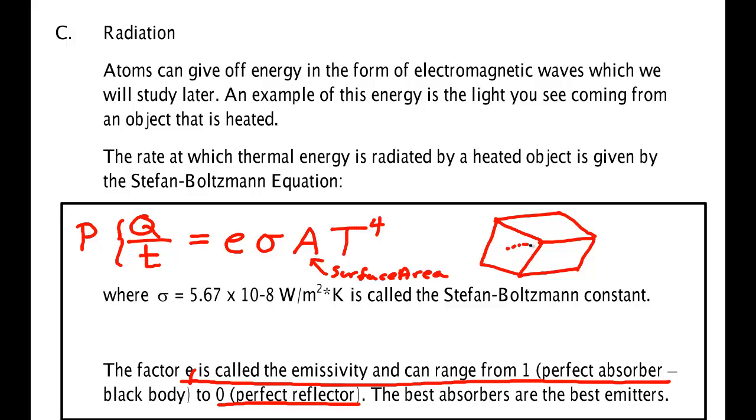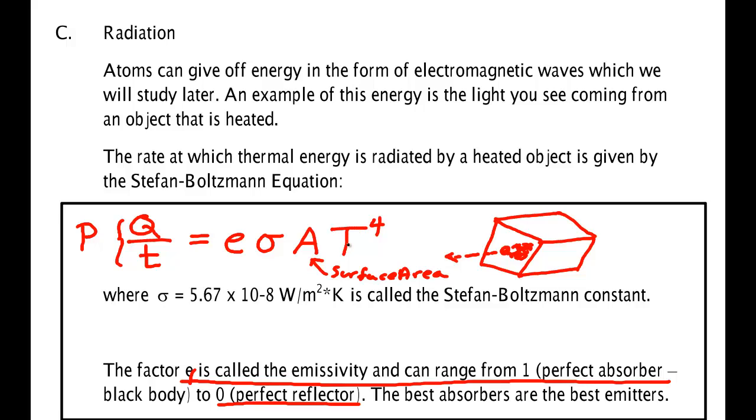It's a cavity where you cut a hole, and when you look in that hole it will look black, because any radiation or light that goes into that hole will bounce around, and like a fish trap, it won't be able to get back out. So the inside hole of a cave or such is the idea of a true black body, not just a black object on the outside.